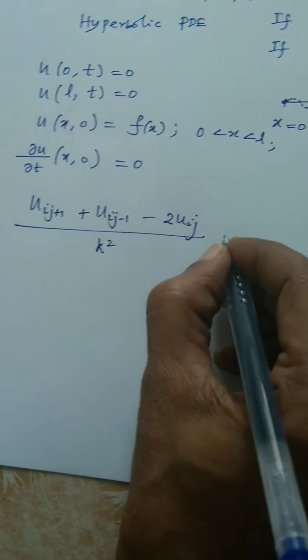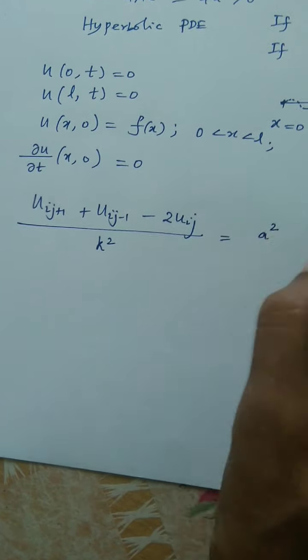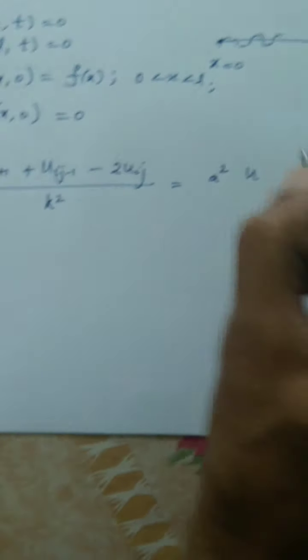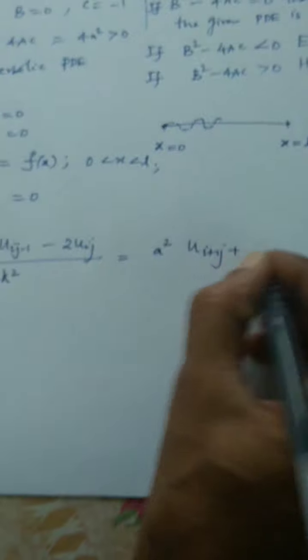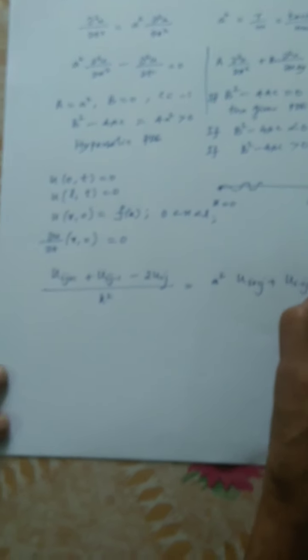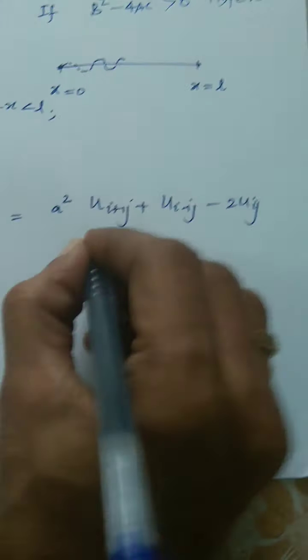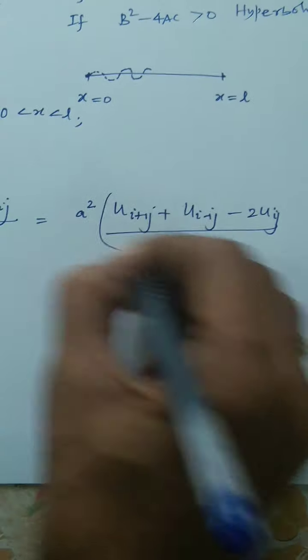Because instead of t I am taking y. a² is a constant. The second partial derivative in x is (u(i+1,j) + u(i−1,j) − 2u(i,j))/h².